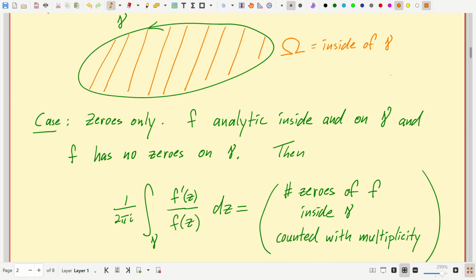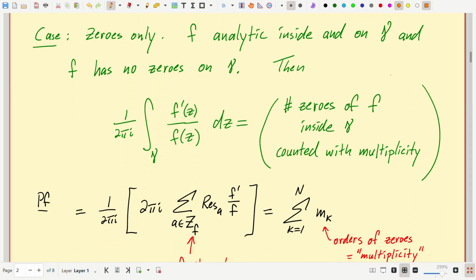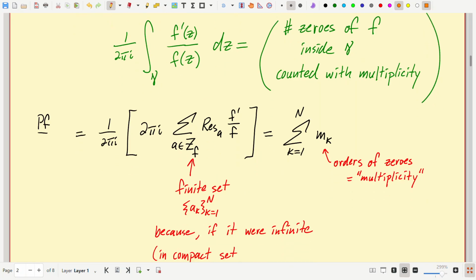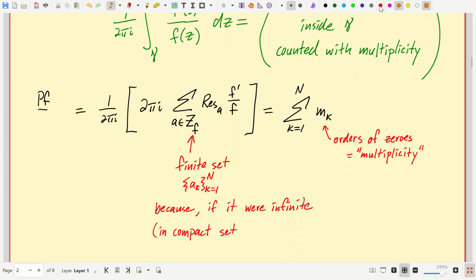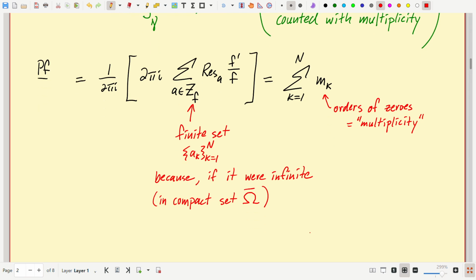So if it was an infinite set in a compact set, omega closure, it would have to have a limit point in that closed set.